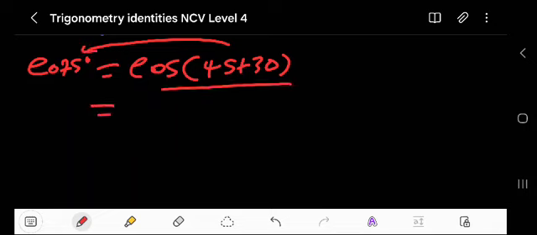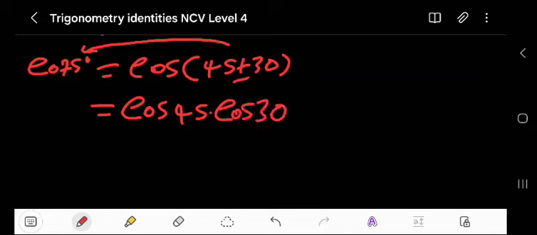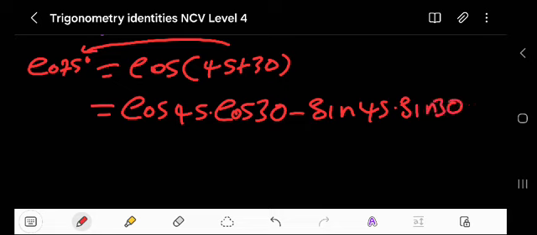Remember, when you add, we did not change anything. This is a compound angle of cos, so we'll have cos 45 degrees multiplied by cos 30. We change the sign to become minus, and we'll have sine 45 degrees multiplied by sine 30. Then we apply our special angles. Cos 45 is the same as 1 over square root 2.